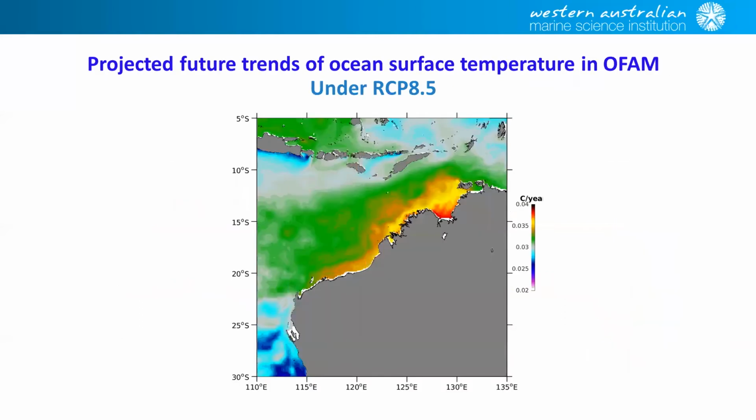Another thing is, when we run our OFAM model under the RCP 8.5 simulation, we found that in the region, especially in the coastal region, there's a 0.03 degree per year warming trend, which translates to 3 degrees of warming over 100 years, which is the worst scenario we have on climate change.